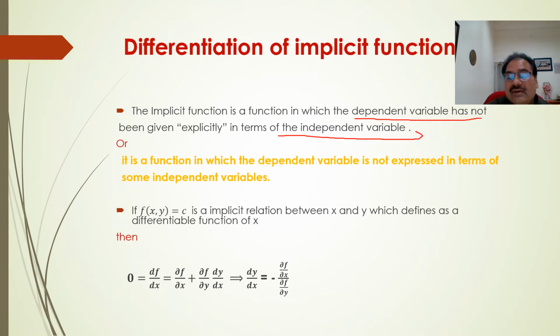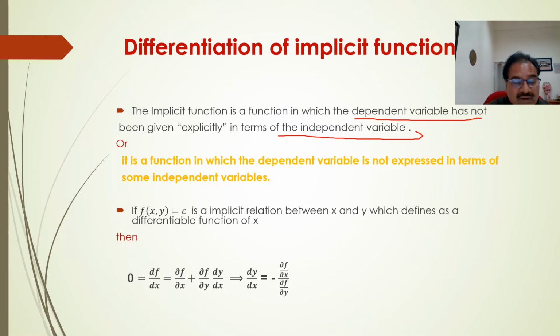Or you may say it is a function in which the dependent variable is not expressed in terms of some independent variable. Like if f(x, y) is equal to c is an implicit function between x and y, which defines y as a differentiable function of x, then you can write down this df.